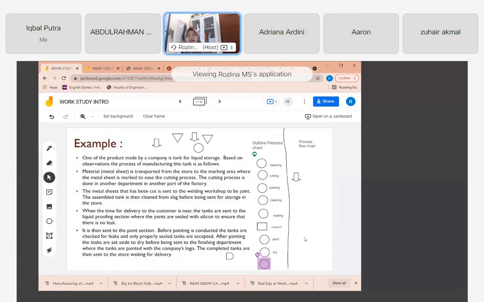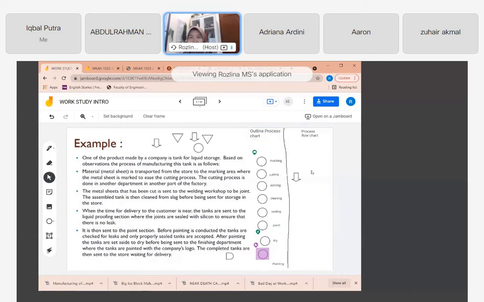Okay, good. And now, when we talk about the process flow chart, you have the five symbols that will be used. So how do you want to fully utilize the symbols? Okay, try to create the operation at the right side here, in this space, process flow chart.